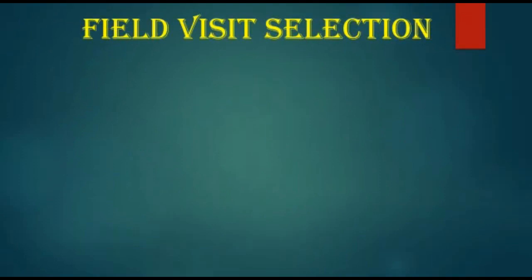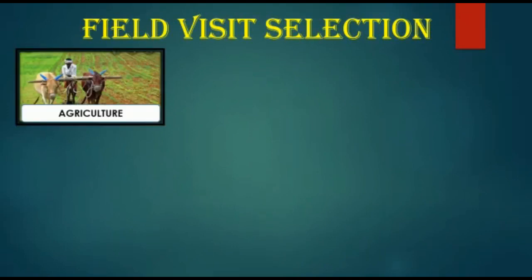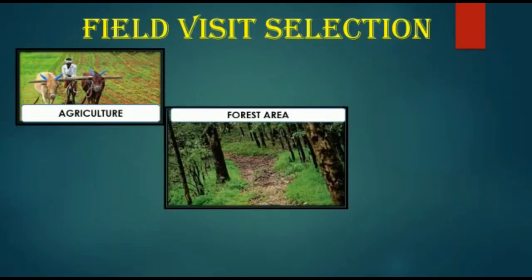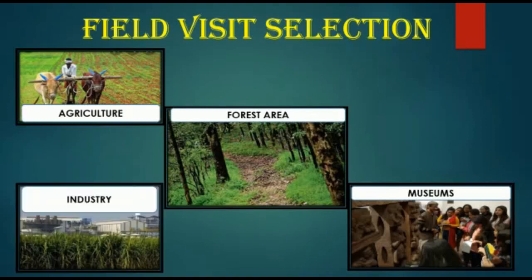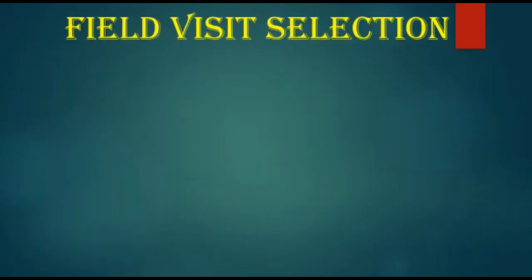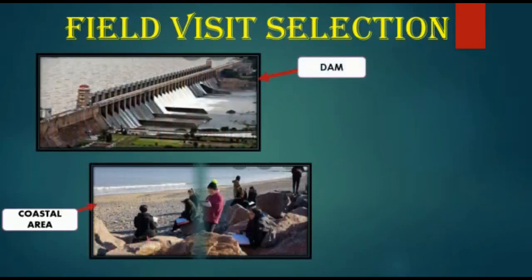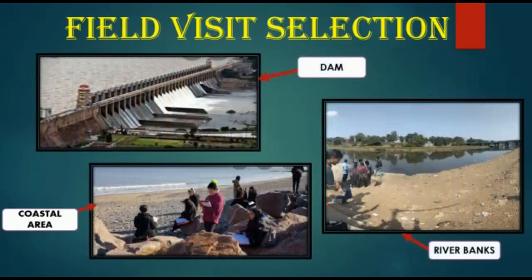Here we have some examples such as agriculture, forest area, museum, industry. Other examples are dam, coastal area, river banks. Such elements should be selected after studying the local condition, and necessary permission letters have to be obtained.